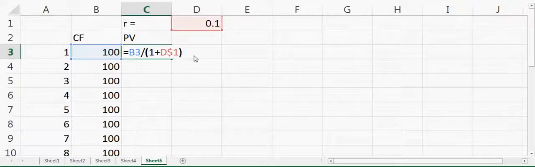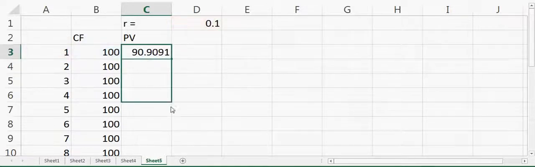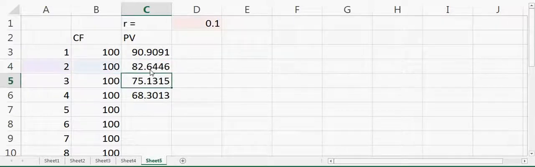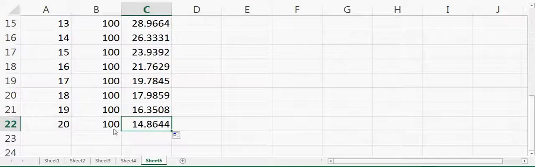And then I take the power with the year of the payment. For the first year it will be 1, and then for the second year it will change accordingly. As you can see, the values are changing, so we can drag it down and see that the $100 we'll receive after 20 years is only equivalent to $14 received today, right?